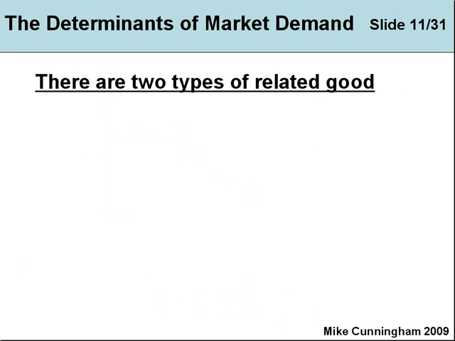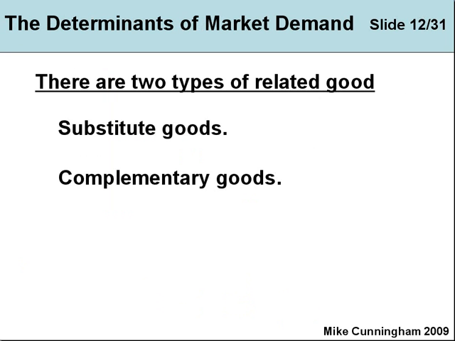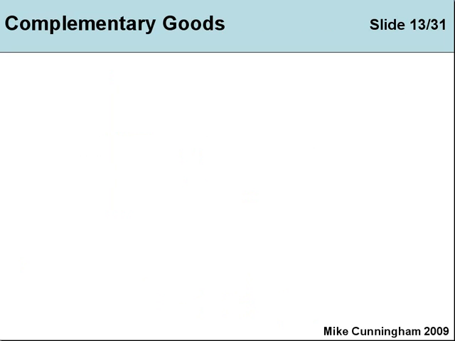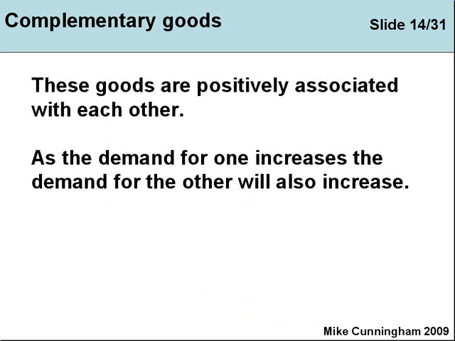There are two types of related good, in fact. There are substitute goods and complementary goods. Let's look at these in a little more detail. We'll start with complementary goods. These goods are positively associated with each other. As the demand for one increases, the demand for the other also increases.